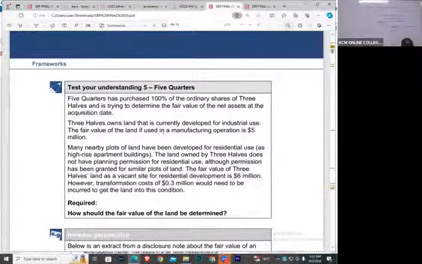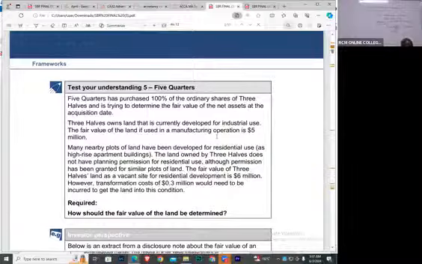The fair value of the land, if used in a manufacturing operation, is 5 million. So one of the ways of using this land to generate cash flows is to do manufacturing there. Currently, this land is valued at 5 million.